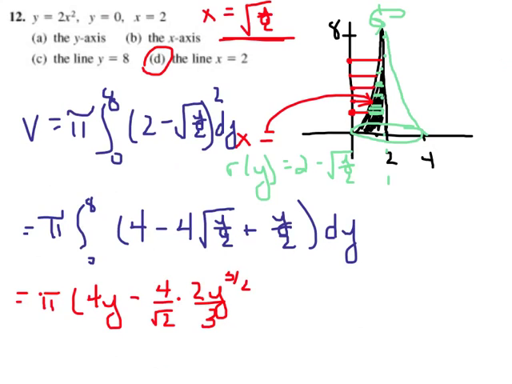And then the last one is y squared over 4. And this is evaluated from 0 to 8.